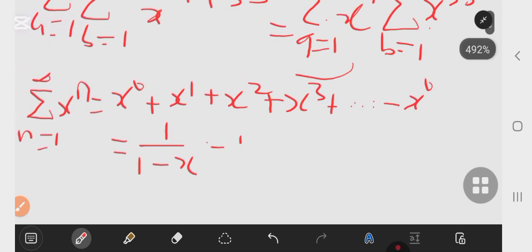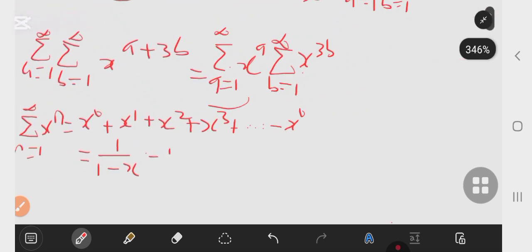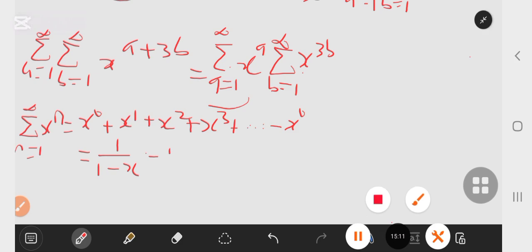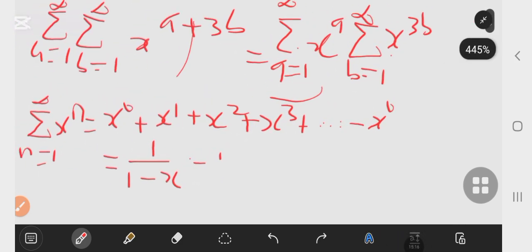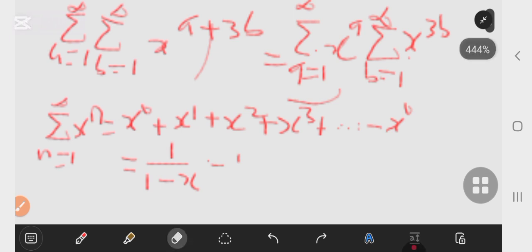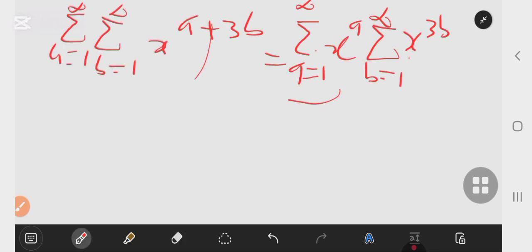Okay, so I'll quickly do that for this sum and for this other sum. So now let me apply it for this one. I have that this sum here, continuing with this identity, I have 1 over 1 minus x, minus 1.